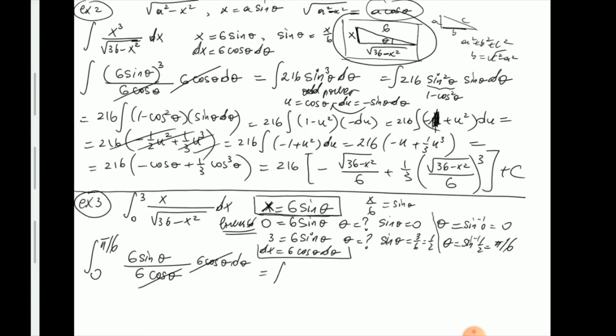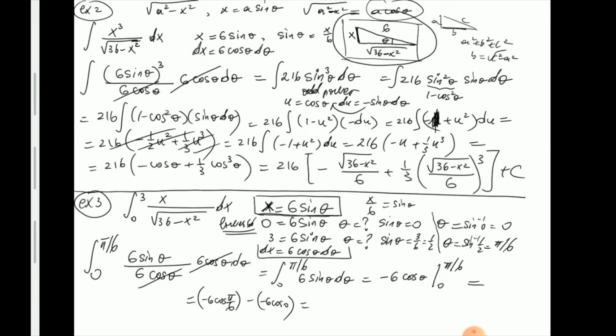And see, now you end up with a trigonometric integral, but one that is immediate. We don't need anything fancy to solve it. So the integral of sine is minus cosine, so that's minus 6 cosine of theta. Plug in pi over 6, and then 0.